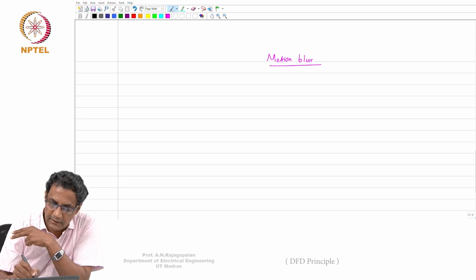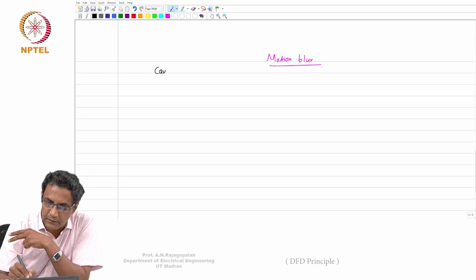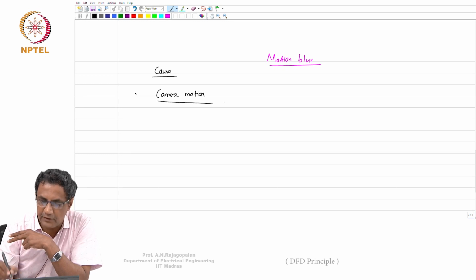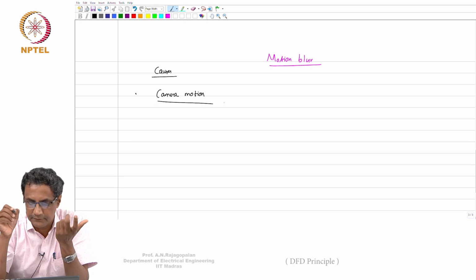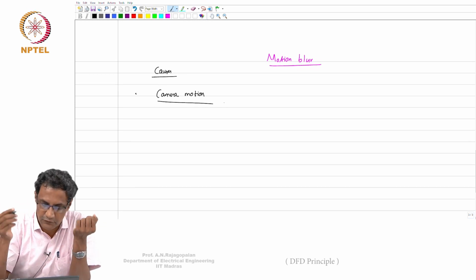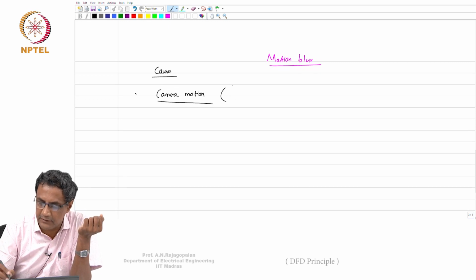So this motion blur, what could be the likely causes? So one, camera motion. Again, it could be a complete 6D motion, in the sense that all three rotations and all three translations are not under our control. So the camera moves, but the scene is static. This is somewhat doable.